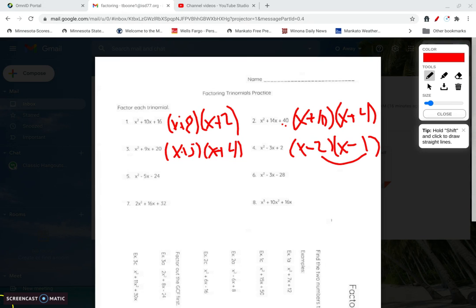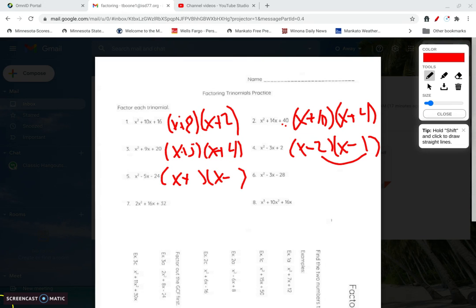Much like when we do number 5 here, we have the x and the x. All right, what multiplies to negative 24? Well, the only way you can get a negative product is if one's positive and one's negative. So a little tricky. Now, these have to multiply to negative 24. So think of factors of 24, that when you add them together, it's negative 5.